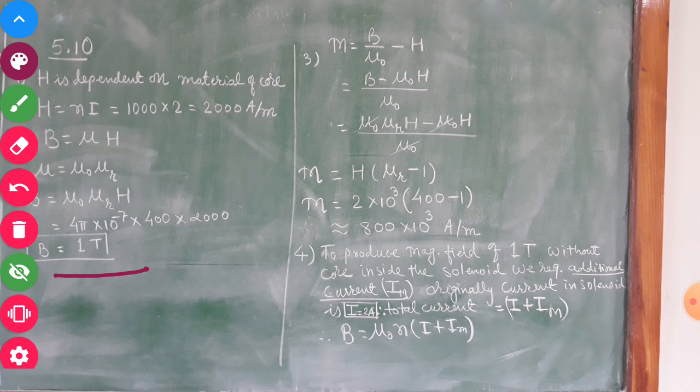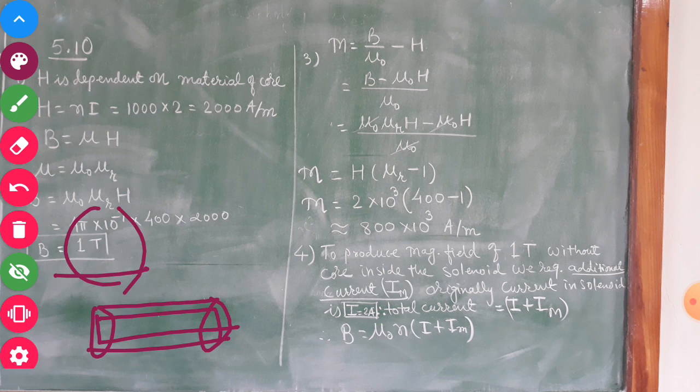Try to understand, when the core is present inside the solenoid, some material is placed inside the solenoid, the magnetic field is 1 Tesla. Now, as you have M is equal to B upon mu 0 minus H, we can take mu 0 as LCM, so we can have B minus mu 0 H upon mu 0.